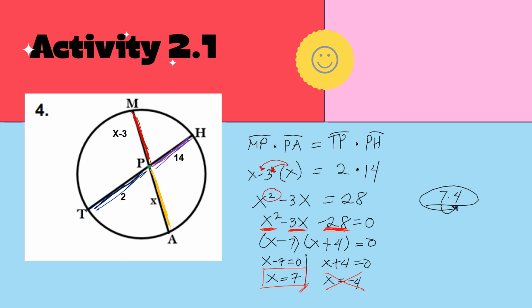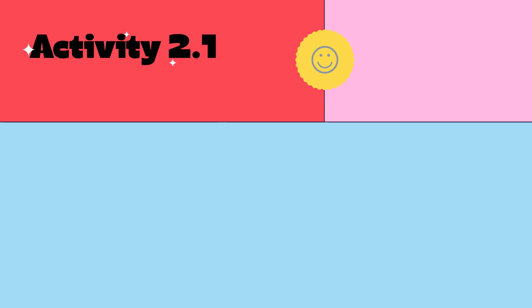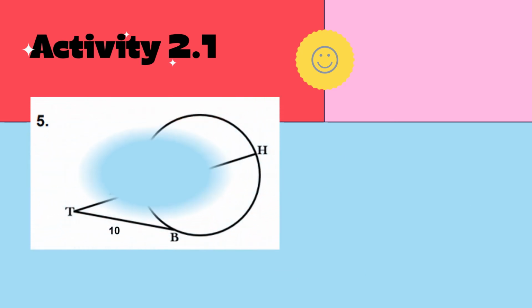There. Okay, last one, number 5. Okay, so number 5, secant and a tangent again, intersecting on a point outside the circle.